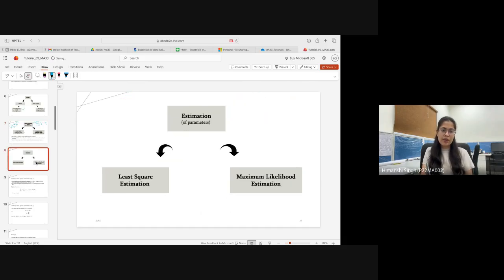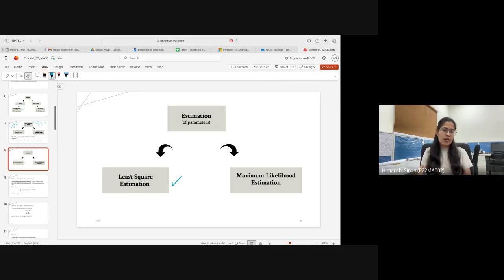There are several methods, and two popular methods are the method of least square estimation and maximum likelihood estimation. These are basic concepts of point estimation in statistics. In today's class, we will be considering least square estimation.